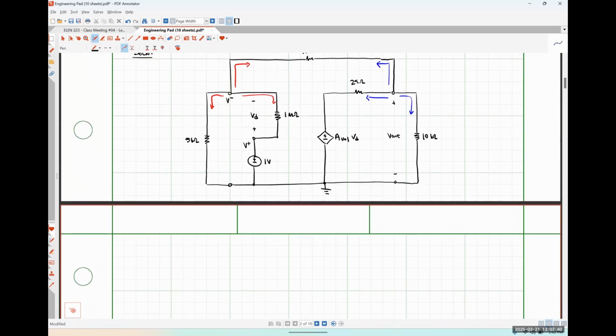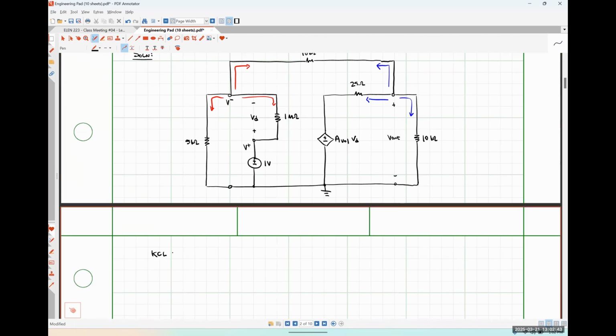So applying KCL at the inverting input terminal node, I'm going to get V minus over 5 kilo ohms plus V minus minus 1 volt over 1 mega ohm plus V minus minus V out over 10 kilo ohms is equal to 0.